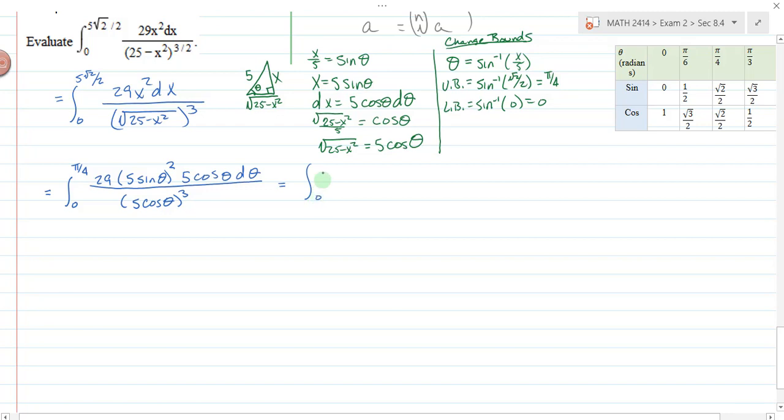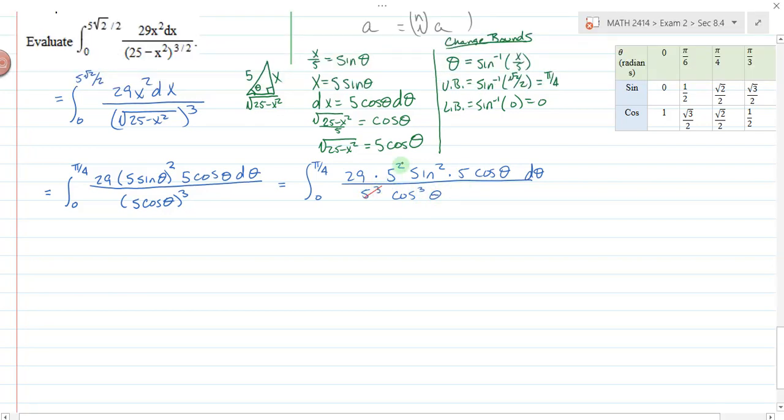So this is the integral from 0 to pi over 4 of, that's 29 times 5 squared, let's just write it as 5 squared, sine squared theta times 5 cosine theta d theta over 5 cubed cosine cubed theta. And then we cancel where we can.